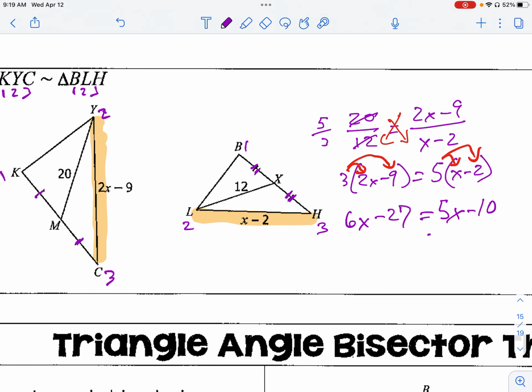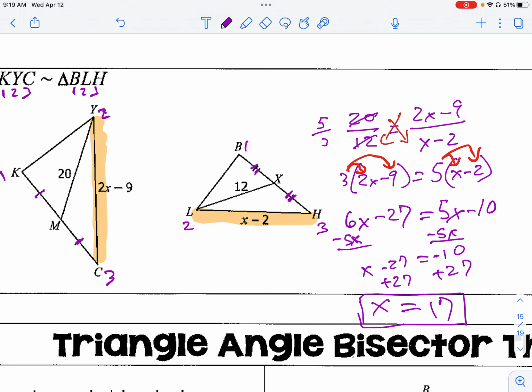All right, so let's get the x's on the same side. Negative 10, make sure to bring that down. Then we get the x by itself, and we have x equals 17. And we are done. We will do the second half of this lesson in another video.